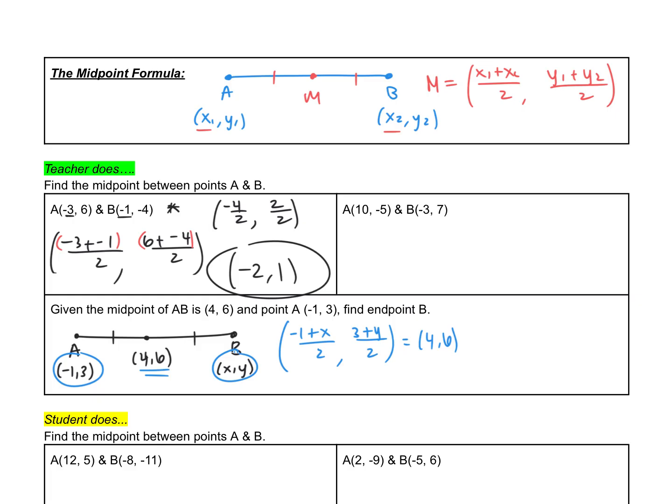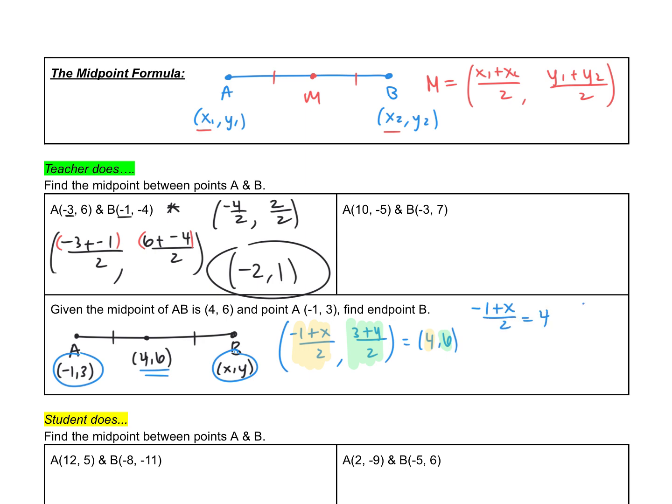Now, we have 2 unknowns, x and y. If we have 2 unknowns, we're going to need 2 equations. It makes sense to set our x's equal, and then to set our y's equal. So our first equation then for x's in yellow is -1 plus x over 2 equals 4.